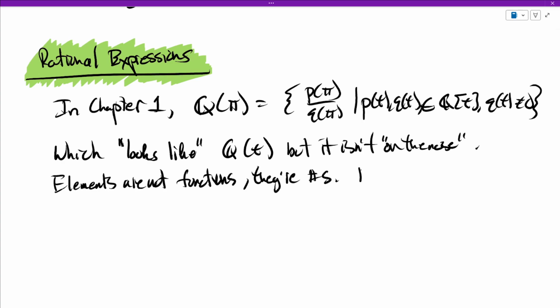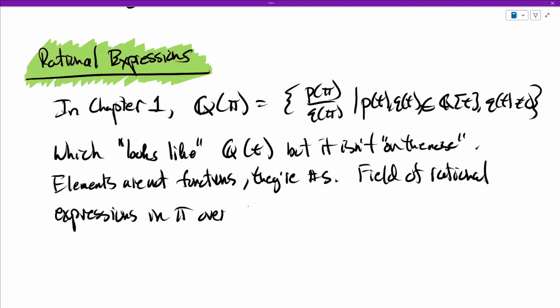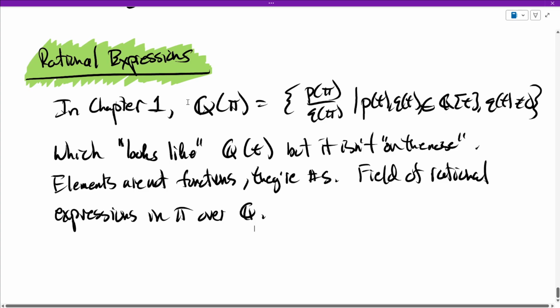This is called the field of rational expressions in π over Q, instead of rational functions, because they aren't functions. Okay, so what's a rational expression? It's kind of like a rational function, but you've determined t by plugging something in. All right, so again, we'll revisit these in the next chapter.